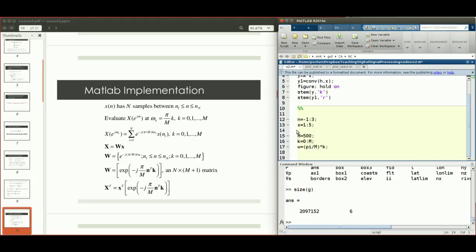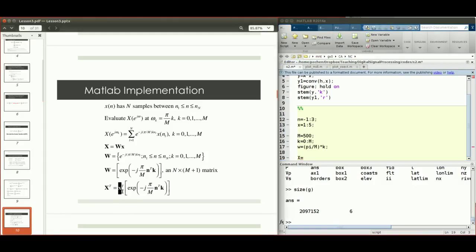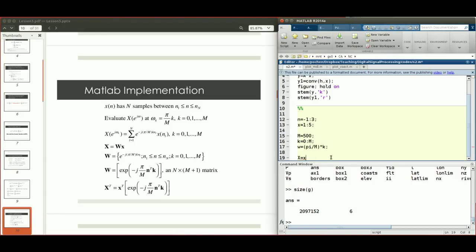And then we can compute our transform now. The transform equals the transpose of x times the exponential of this particular complex matrix. The reason I'm putting a transpose on x is that I was assuming small x here is a column vector. But if it's constructed as a row vector already, we can just use x directly.